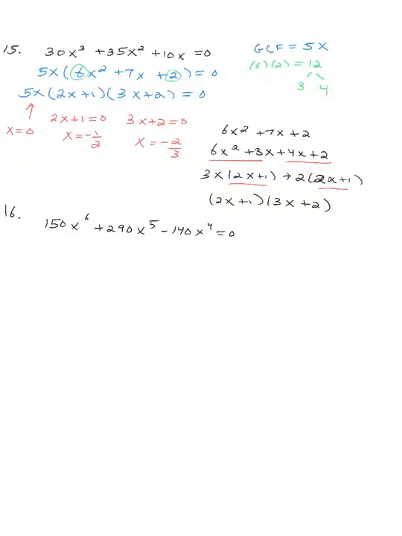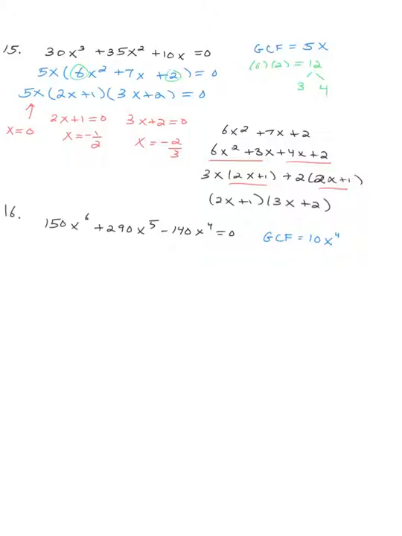All right, and for this last one, my greatest common factor is an x to the 4th, but also I'm thinking it's just 10. 10x to the 4th. If I missed a number, I can always try to factor out more in the next step. There's nothing wrong with that. It would only mean that this wouldn't be the greatest common factor, but it would still take us in the direction we want to go.